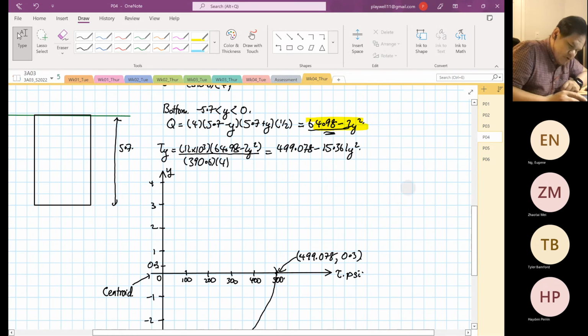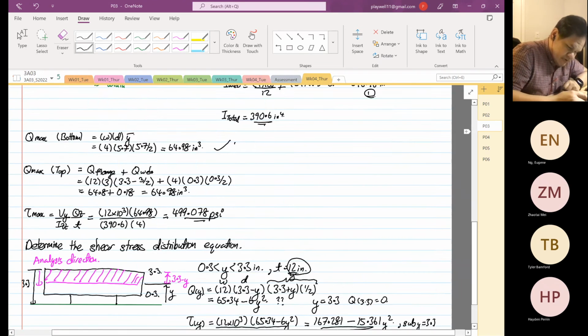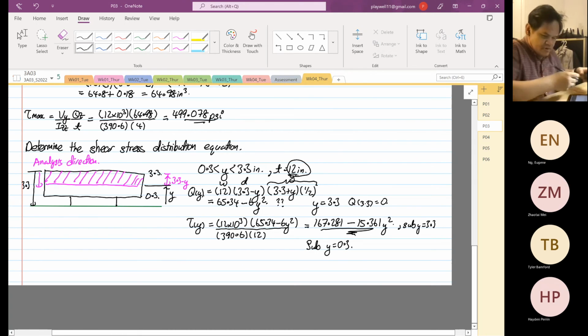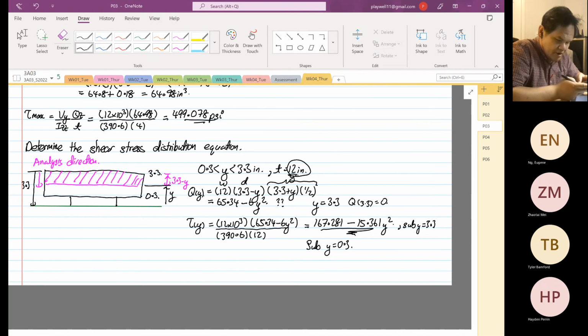If we look at the previous equation over here, we're going to substitute y equal to 0.3. So it's equal to 167.281 minus 15.361 times 0.3 squared, which is equal to 165.